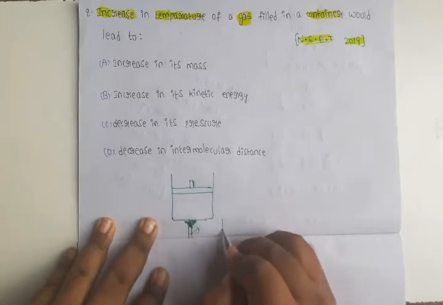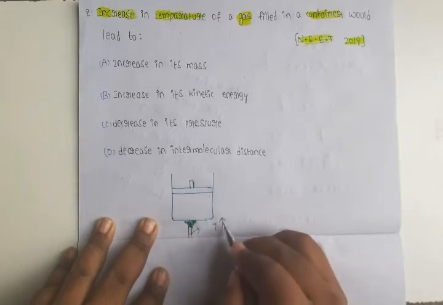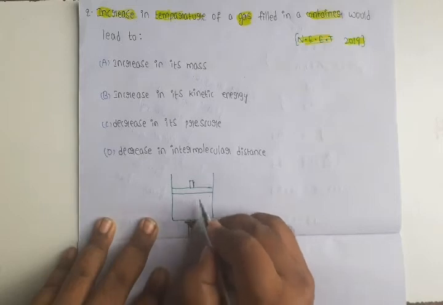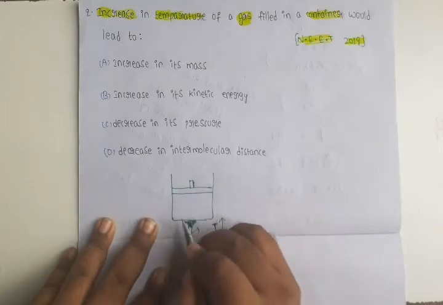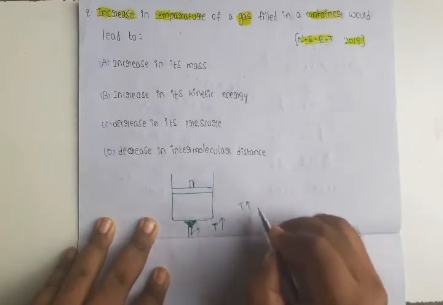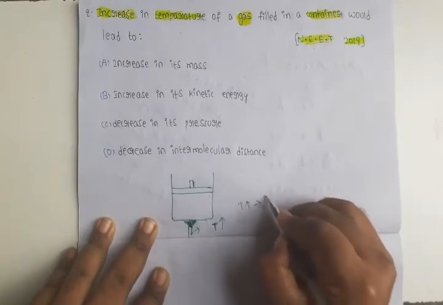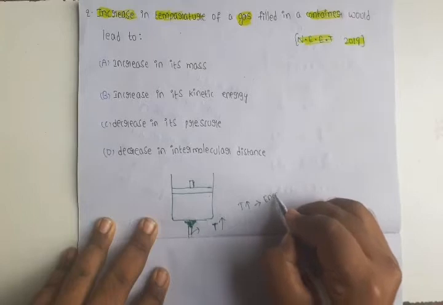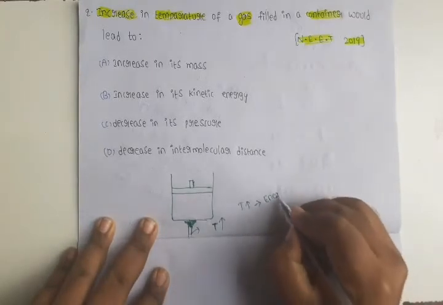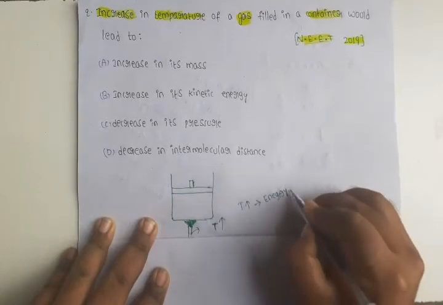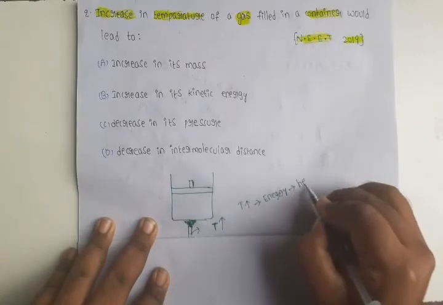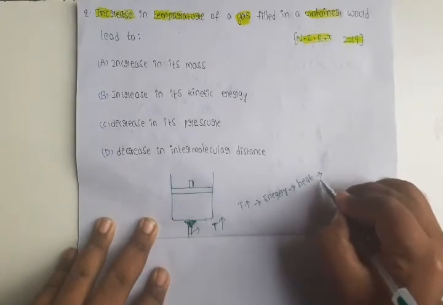So if you provide heat, the temperature increases. What happened inside the container? The temperature increases, then the energy is also increased. How is the energy transferred? In the form of heat.